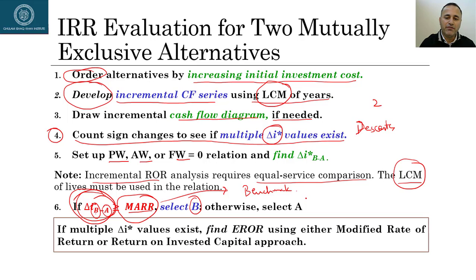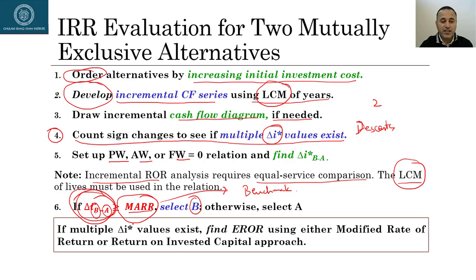So the benefit associated with the alternative should be more than the cost associated with the alternative. In simple words, we simply compare the IRR of the incremental cash flows with MARR, because MARR is my benchmark.